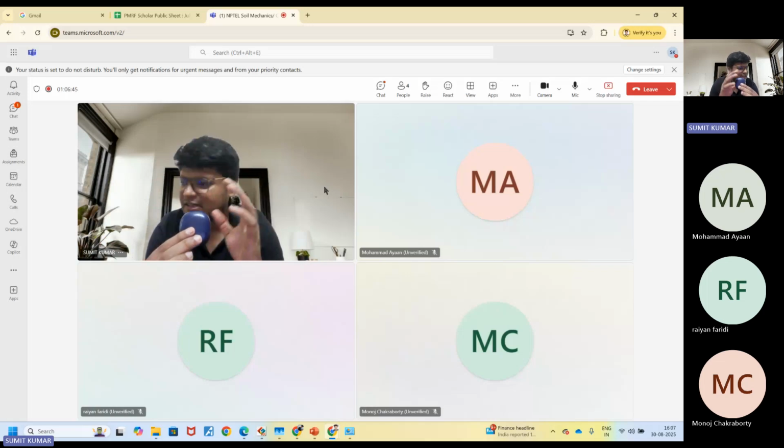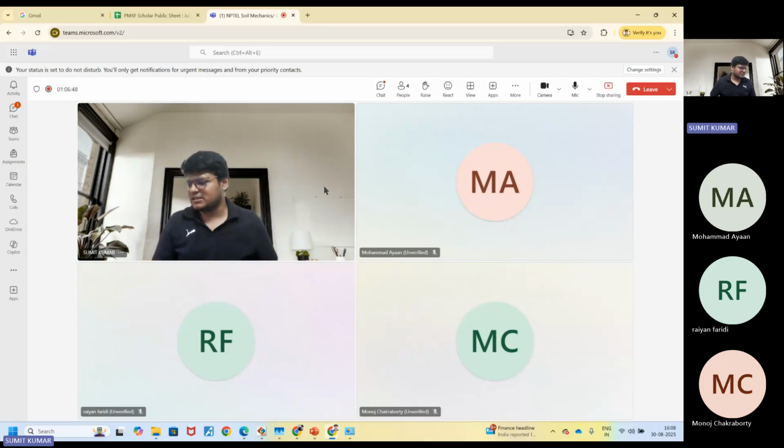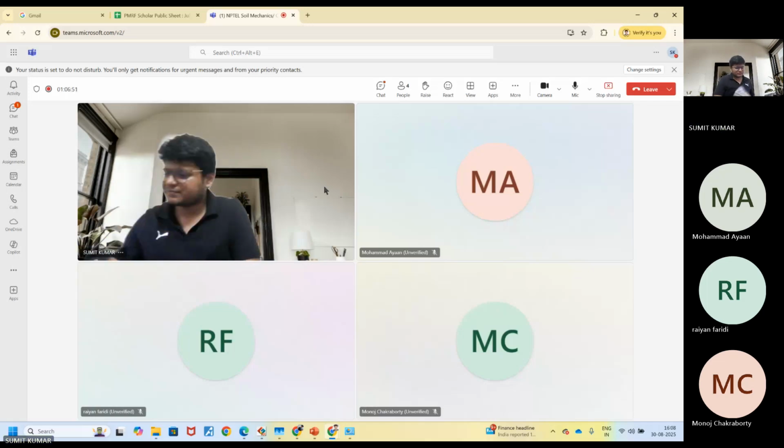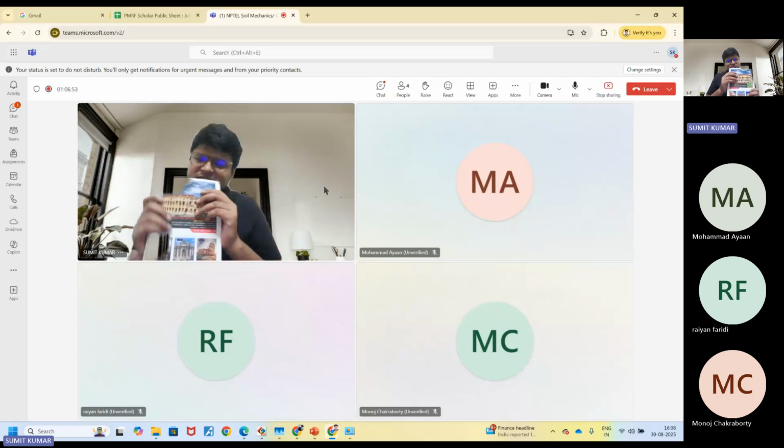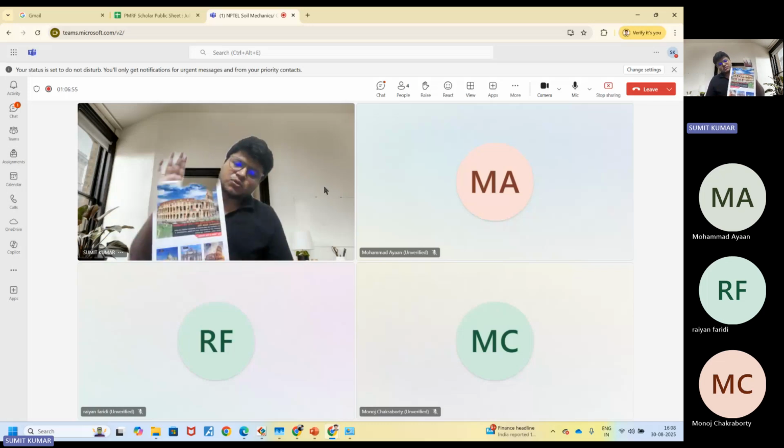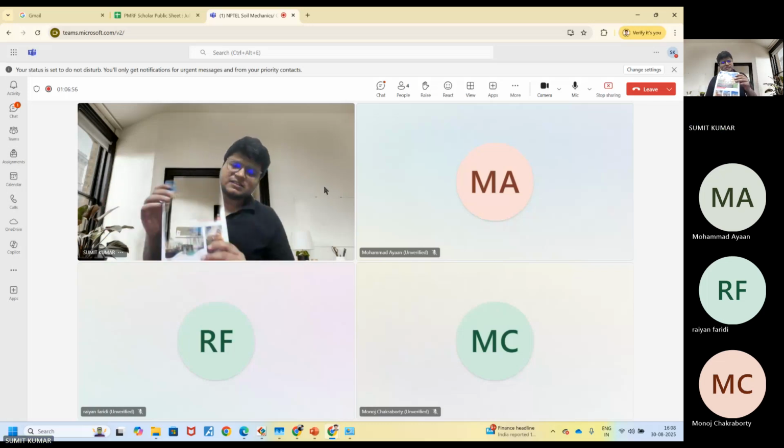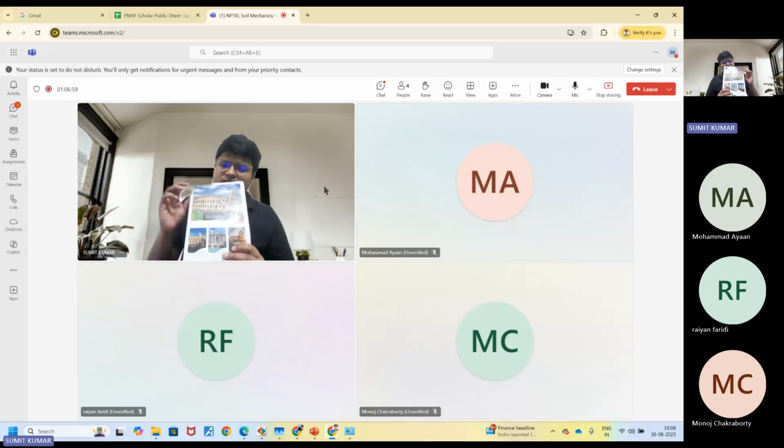Let me give another example. You can see this copy. Suppose this is a notebook, and suppose this is a soil cross section.